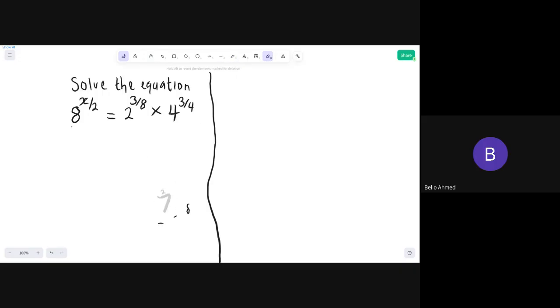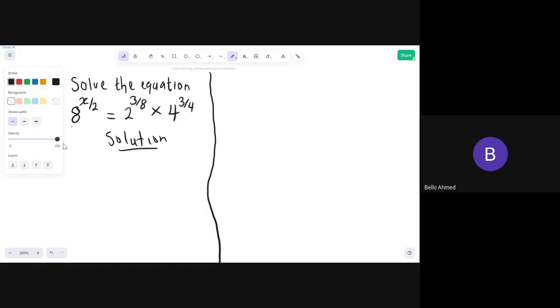So now, let us do that and see what we're going to have. So the solution is going to be like this now. Solution. So this 8 now I'm going to write as 2 raised to the power of 3. But before, the 8 has the power of x over 2, so I'm going to put it in brackets and say x over 2 is equal to, now at the right hand side, I'm going to write 2 raised to the power of 3 over 8 because I can't break down 2 again.